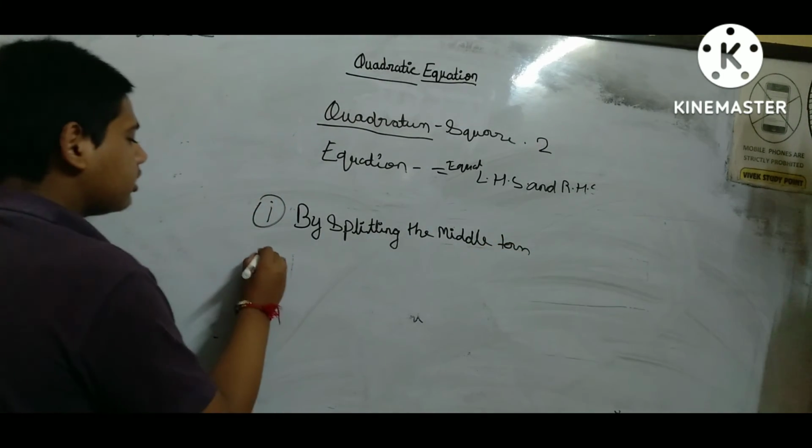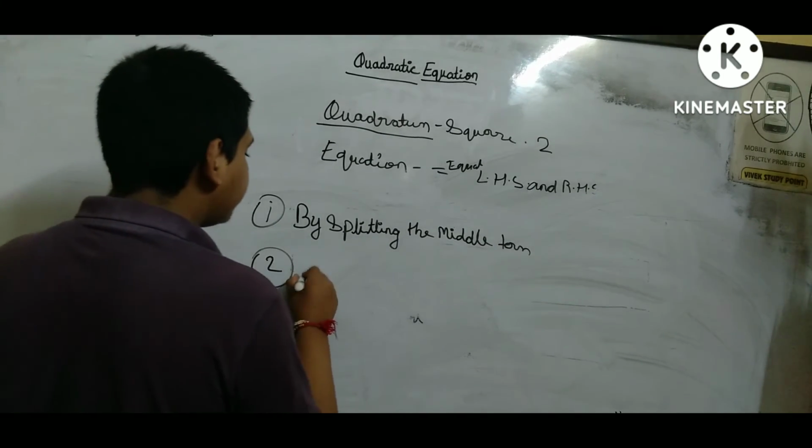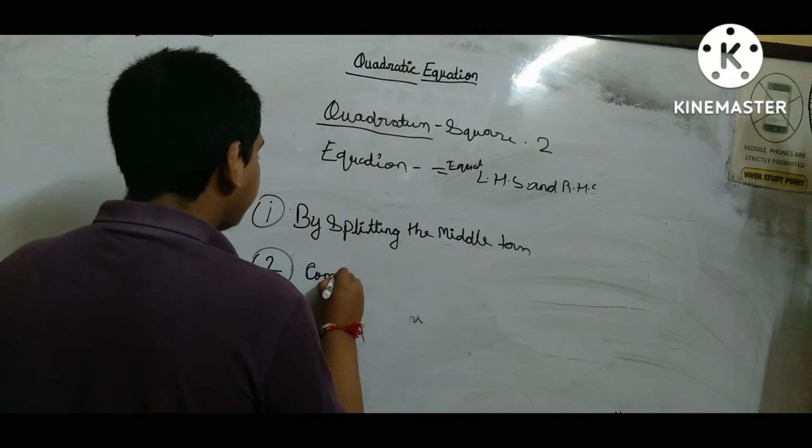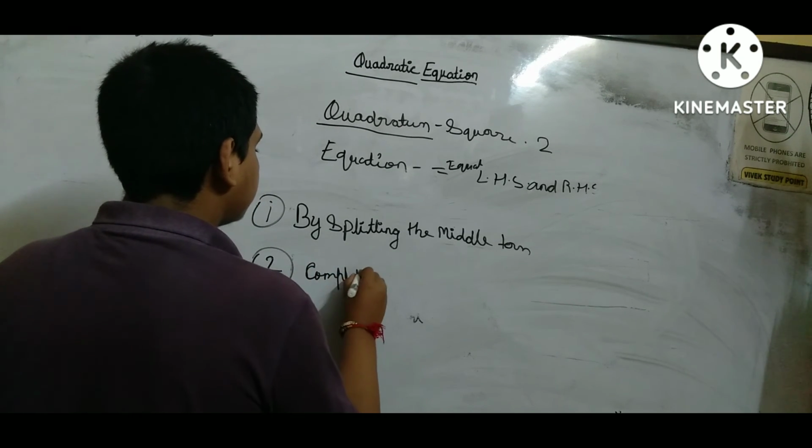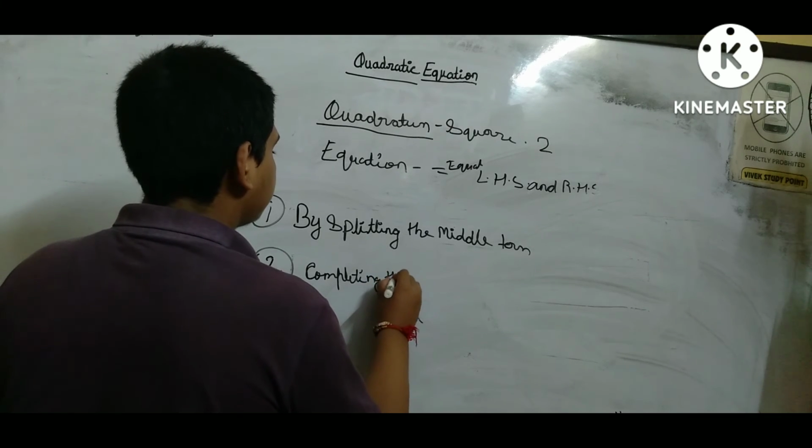And the second, the main method related to this chapter, is the completing the square method.